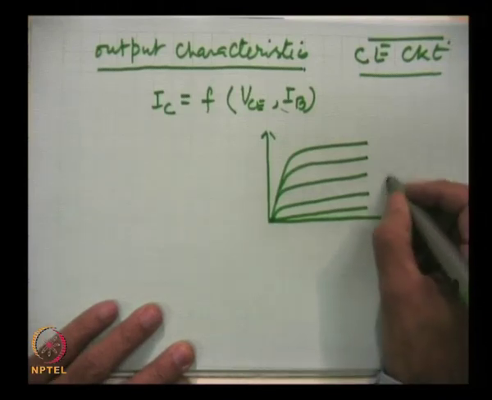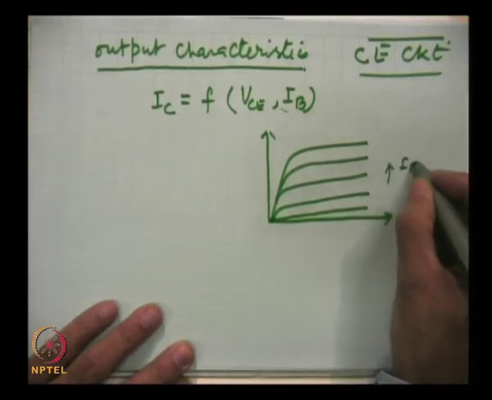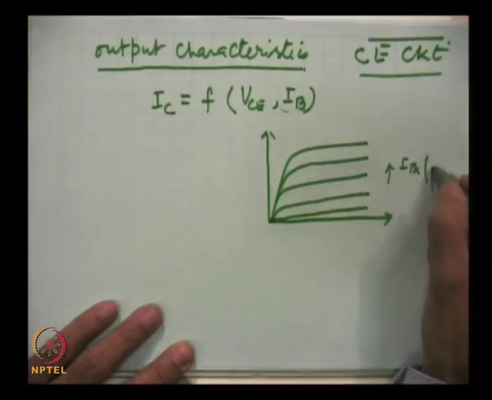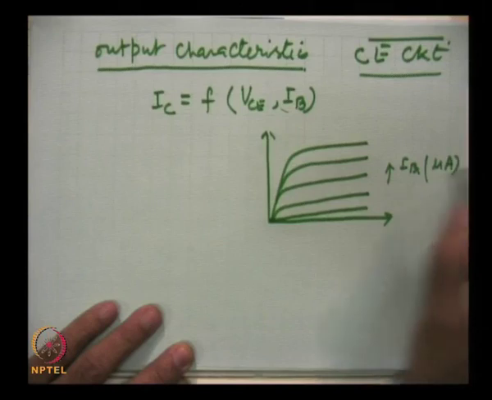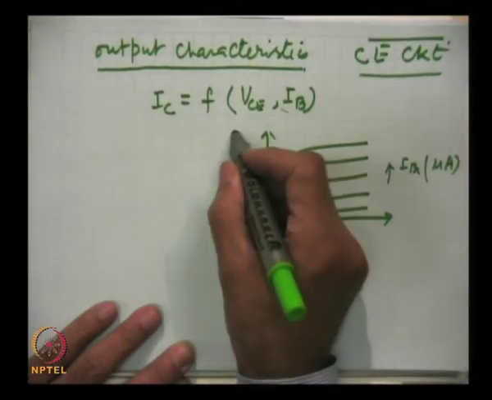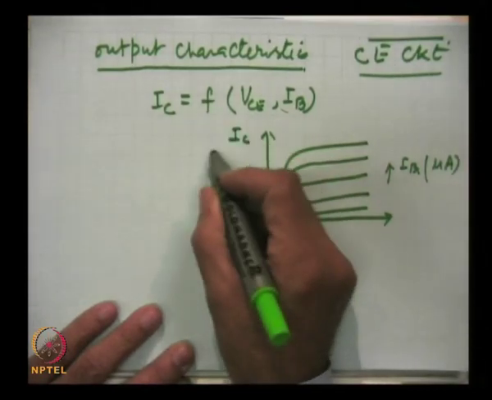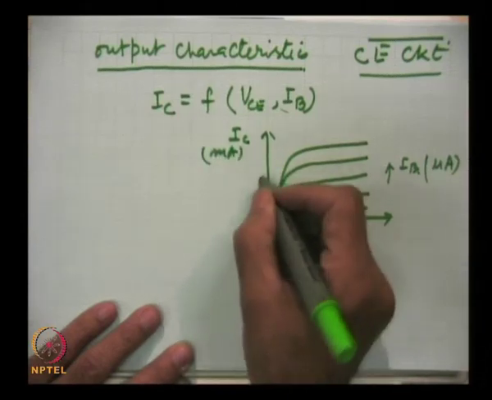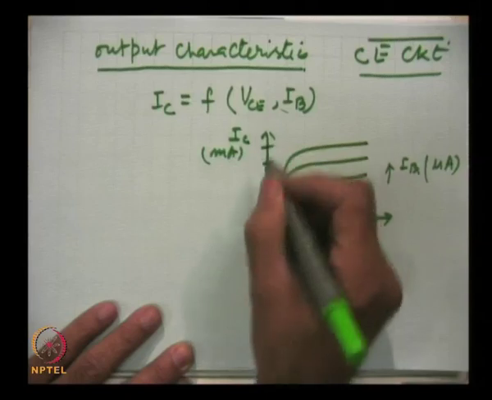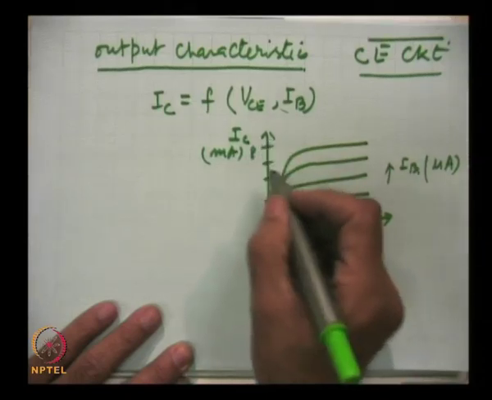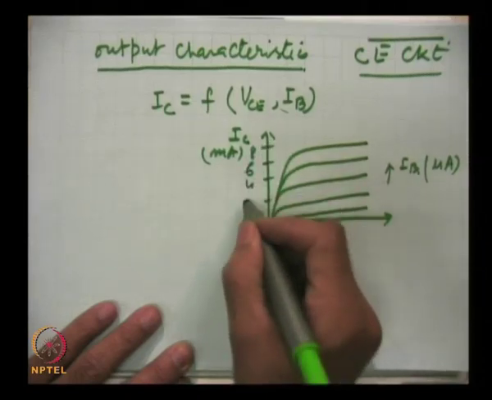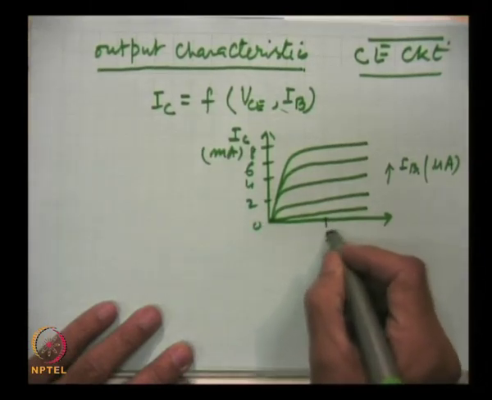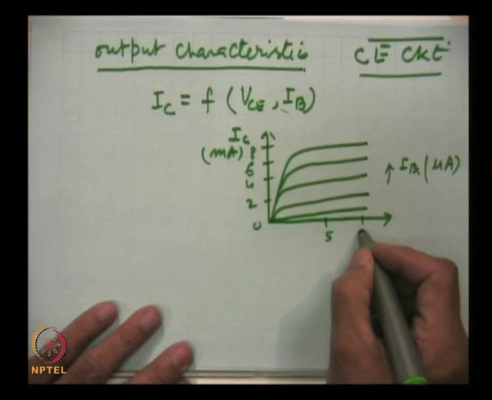This is IB, this is in, for example, microamperes, this is IC, this is in milliamperes normally, 2, 4, 6, 8. And this is 5 volts, 10 volts and so on.